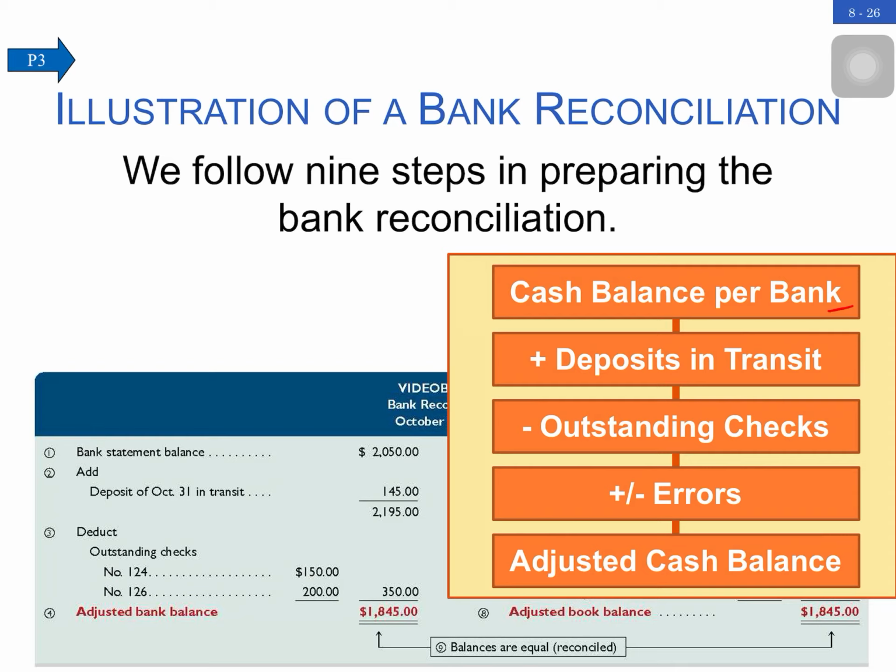For example, they transfer the money on Friday at 3 p.m. But at the end of the day, on Friday at 4 p.m., your boss asks you to go to the bank and check your cash balance.